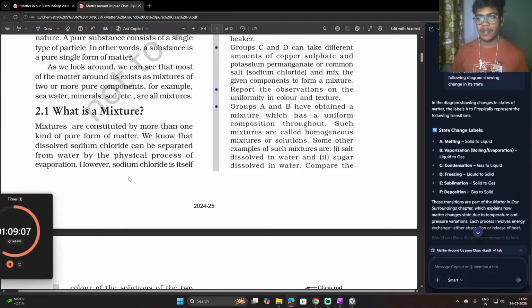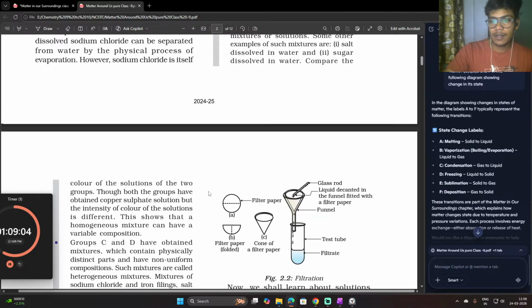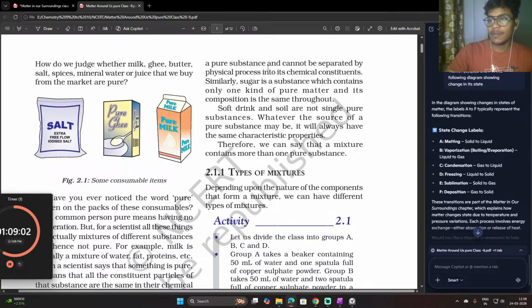However, sodium chloride is itself a pure substance and cannot be separated by physical process into its chemical constituents. Similarly, sugar is a substance which contains only one kind of pure matter and its composition is the same throughout. Soft drink and soil are not single pure substances.